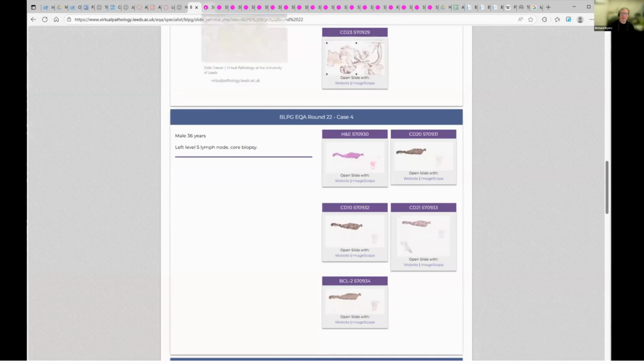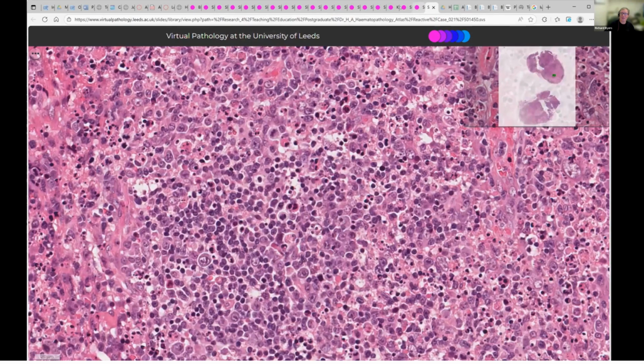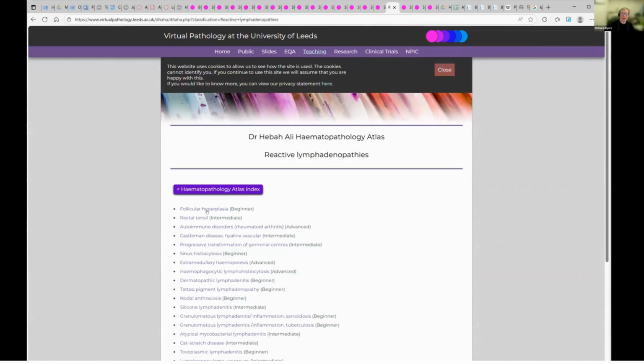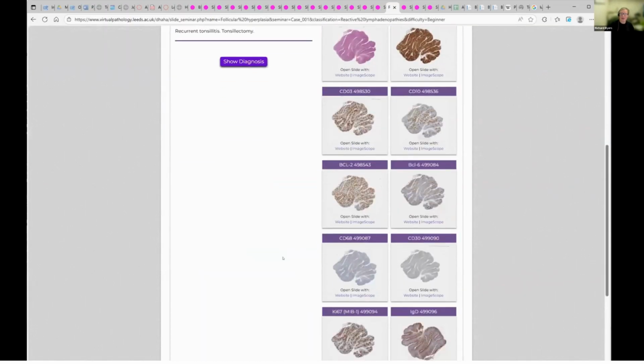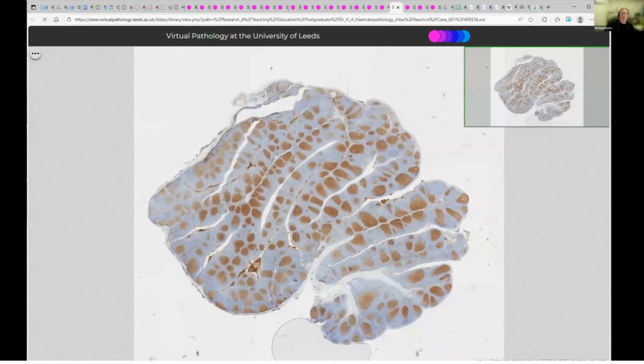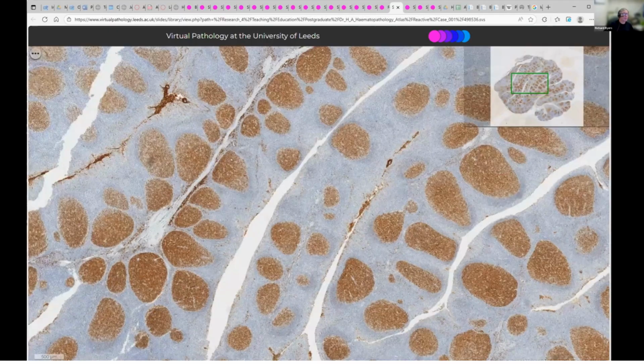Let's see if we can find one in the set of reactive lymphadenopathies. Yes, so you see here, okay, it's tonsil, but anyway, CD10 completely restricted to the follicles. So this is follicular lymphoma, and I think it's grade 1.